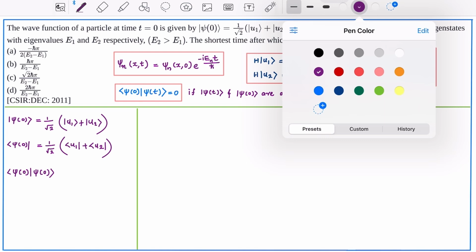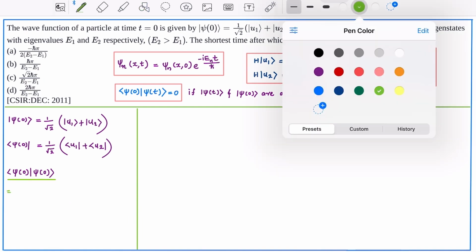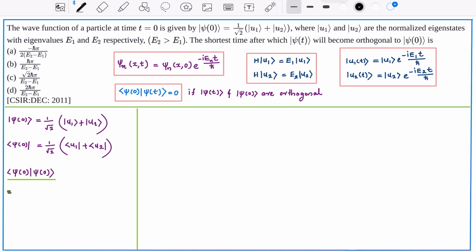This is equal to 1 by 2 u1 u1 plus 1 by 2 u1 u2 plus 1 by 2 u2 u1 plus 1 by 2 u2 u2.